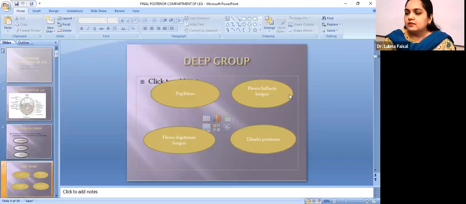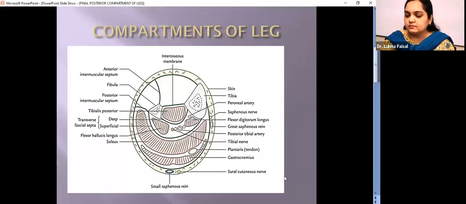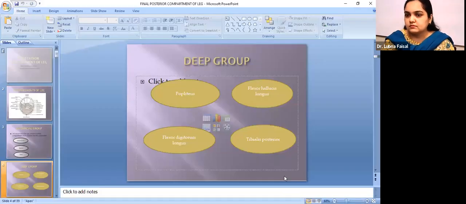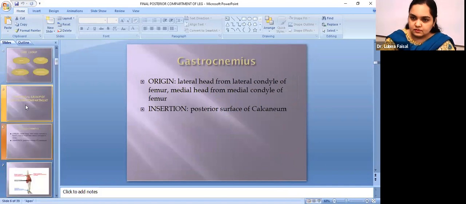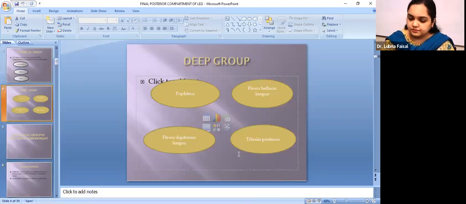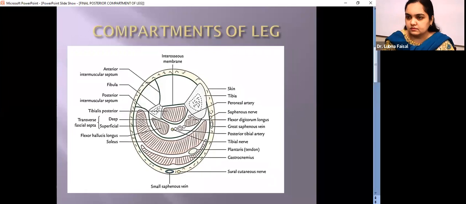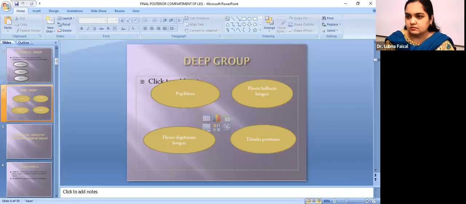Now the deep group. The muscles that are present in the deep group are popliteus, flexor hallucis longus, flexor digitorum longus, and the tibialis posterior.